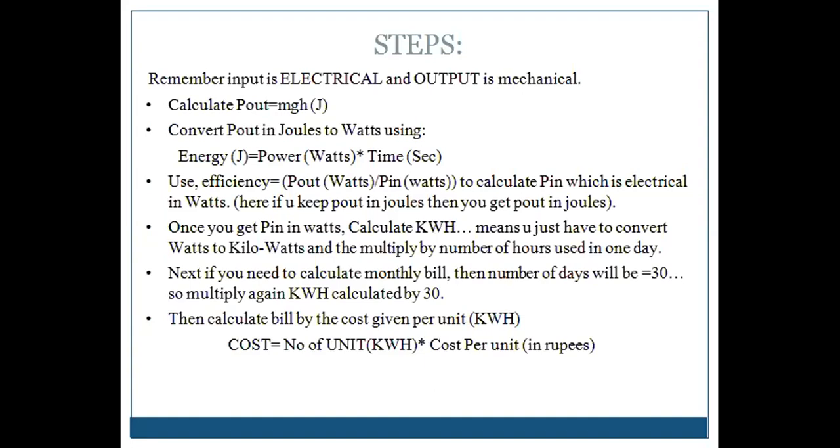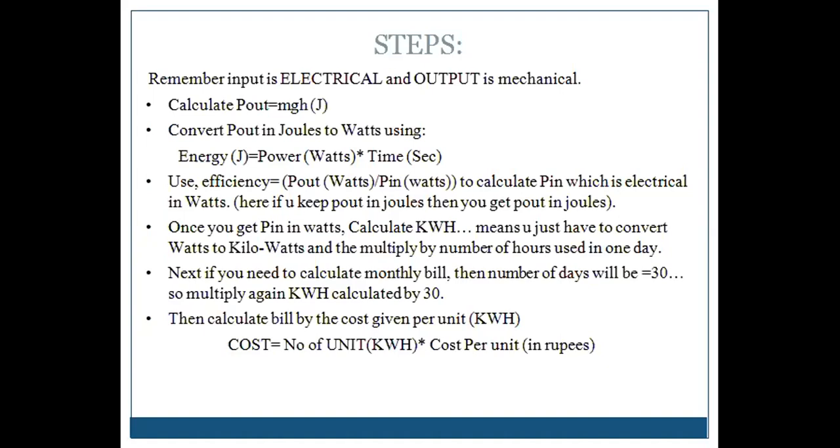P in you have calculated in watts, convert that to kilowatts. How will you convert that? If P in is 3000 watts, how much kilowatt will it be? It will be 3 kilowatt. That simple it is. Then you multiply it with the number of hours the system is being used, and you get kWh for one day.